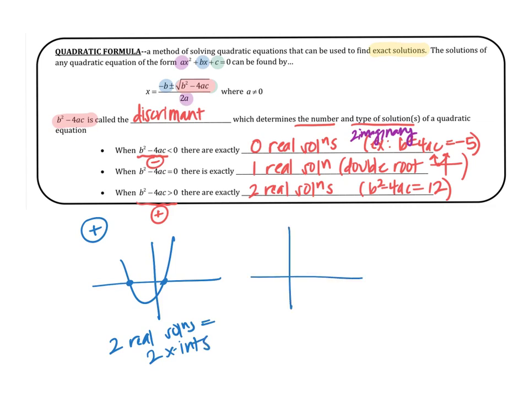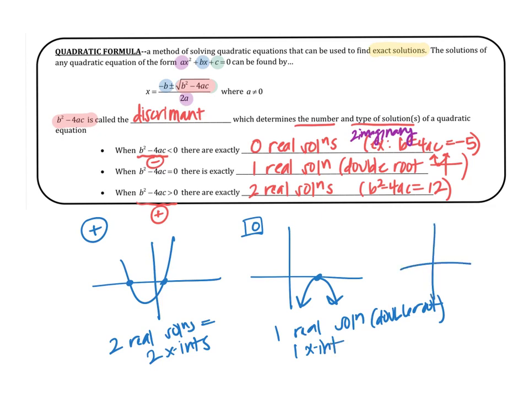Again, we talked about if my discriminant was actually 0. That means I'm going to have 1 real solution. For example, I may have my vertex here. So 1 real solution, a double root, meaning we list it twice, means I'm going to have 1 x-intercept. You can probably make some conjectures by now.